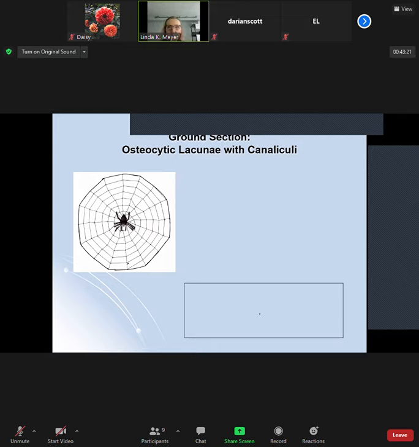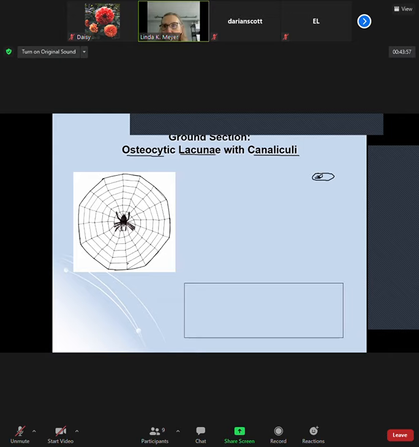In contrast, with a ground section, you don't see the osteocyte. You don't see the cell body. You don't see the cell processes. Instead, you see the lacuna with the canaliculi. So again, with the Halloween analogy, on a ground section, the space that was occupied by the osteocyte, and the canaliculi that were occupied by the cell processes, are not mineralized, so they show up like a dark space.